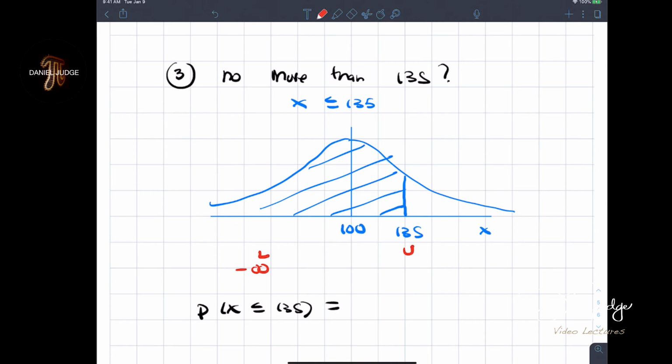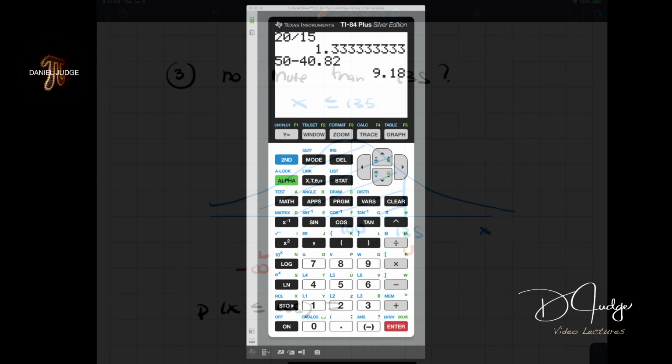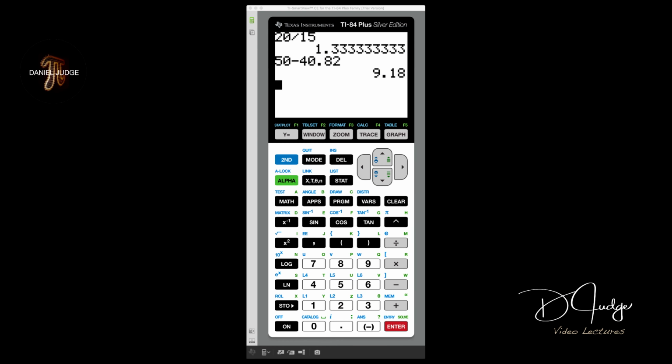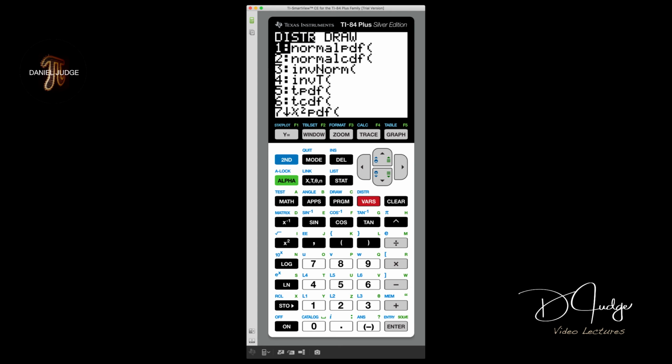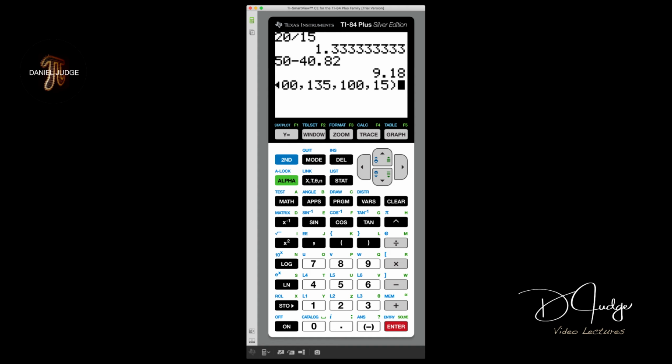So how do we enter this in the TI? Remember, the lower bound value. On the TI, second vars, normal. I need a lower bound value, negative, and you can put 1,000, 10,000, whatever. The upper bound value we said was 135. The mean is still 100. Standard deviation is 15 because we're doing the same setting, IQ scores.